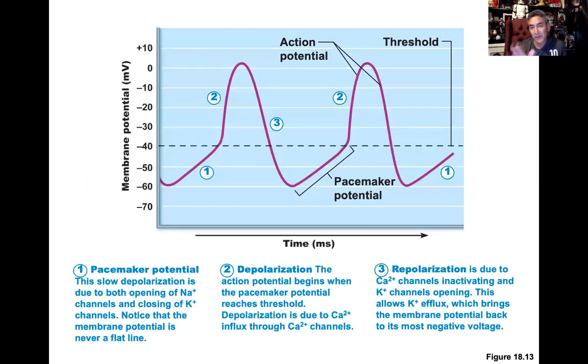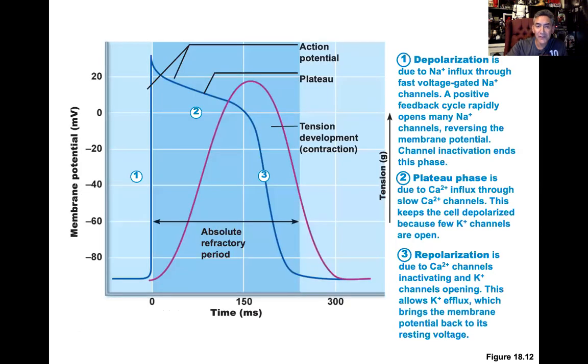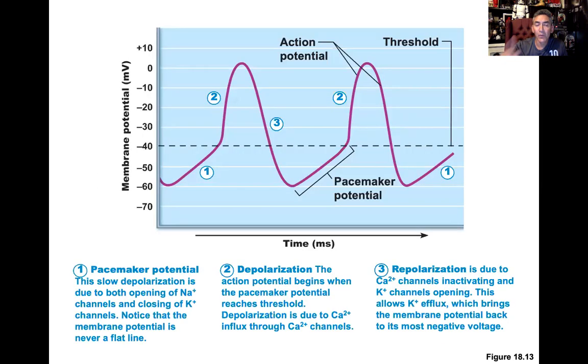So if you compare this picture, backing up here, with this picture: this is for 99% of the heart cells, and this is for 1% of the heart cells that we call the autorhythmic cells. If we notice, we have a resting potential closer to zero.